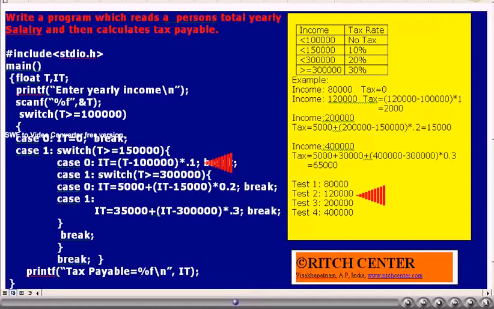Is 120,000 greater than or equal to 150,000? No. So it is going to execute case 0 of the middle switch statement. So it becomes 120,000 minus 1 lakh, that is 20,000 rupees, into 0.1, that will be 2,000, which is assigned to the variable IT, and then the last printf statement will print the tax payable as 2,000 rupees.